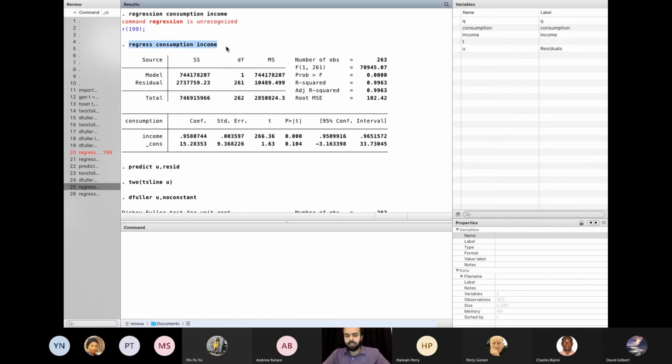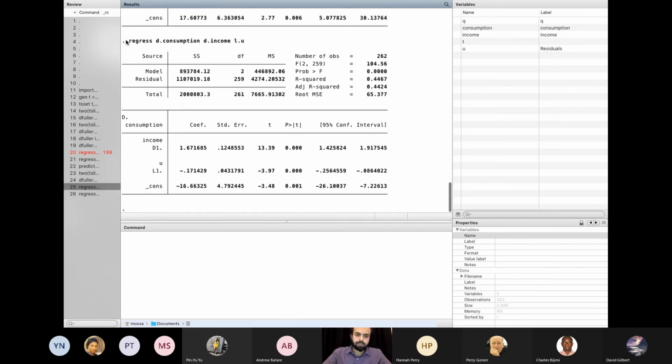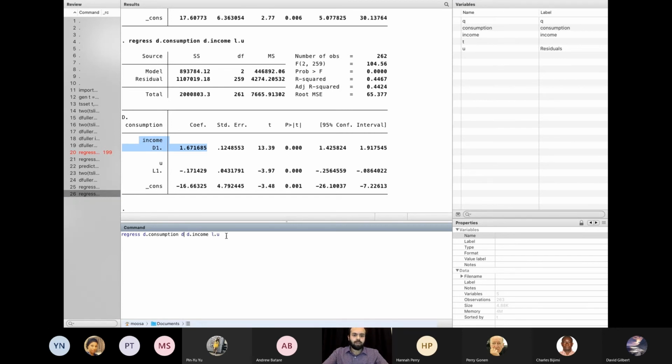And the results from these are reliable because we have co-integration. But we can also go ahead and form an error correction model, like this one. This is a simple error correction model where we have introduced one lag of consumption, one lag of income, and when we regress consumption, we can introduce the lag of itself as well.